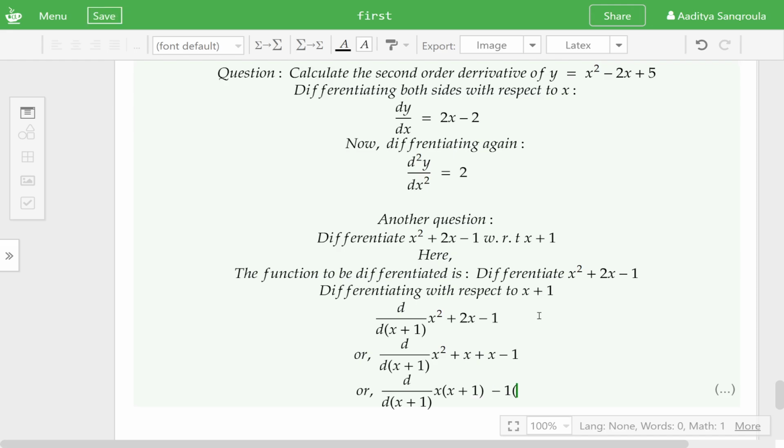If I take x plus 1 as a common factor, then x minus 1. So it's also d over dx of this, right? So we are differentiating this with respect to this.